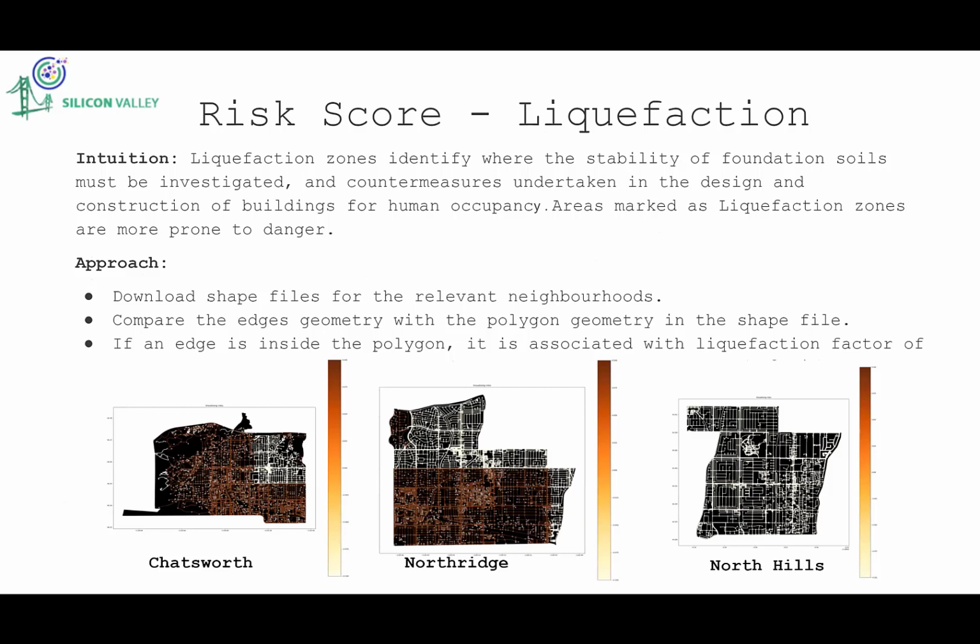The edges in the graph were compared with the geometry of the shape files. If an edge is inside a particular polygon, the liquefaction factor of that polygon is put on that edge.